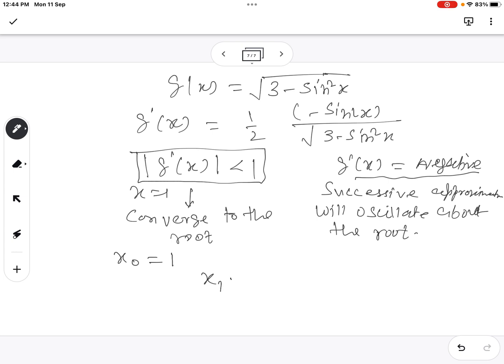So the first approximation will be x1, which is g at x naught, that is g at 1, equal to the square root of 3 minus sine square of 57.3 into 1, and this 57.3 is a conversion factor, so that is 1.5139.